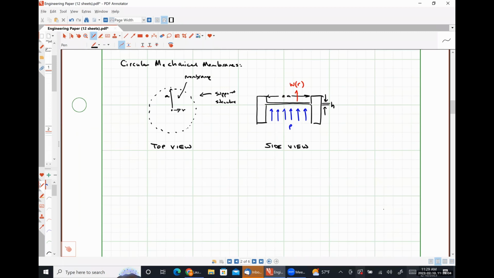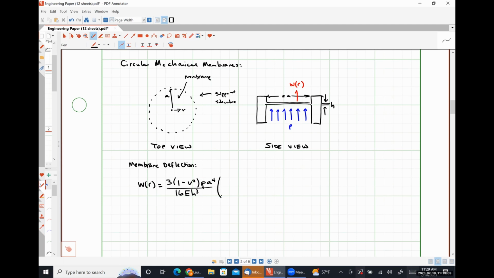Okay. So W as a function of R is given by 3 times 1 minus the Poisson's ratio squared times PA to the 4th power over 16 EH cubed.